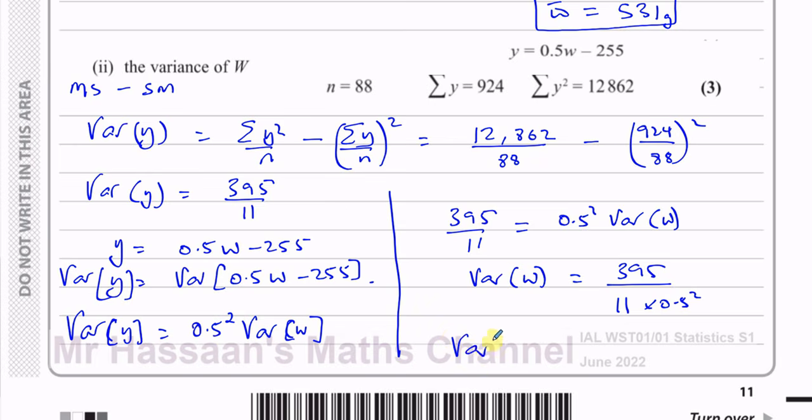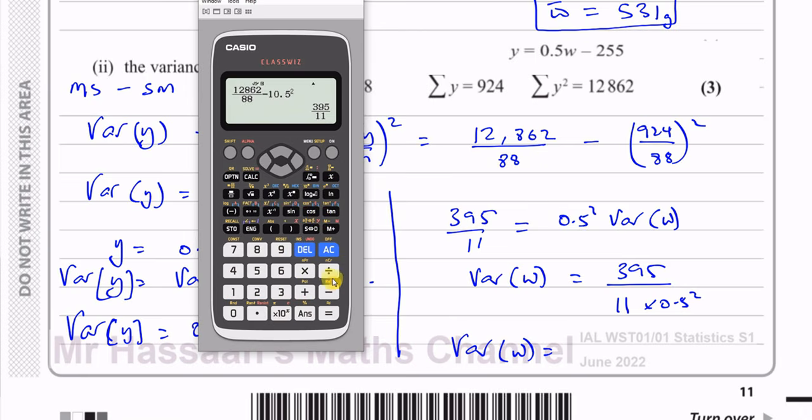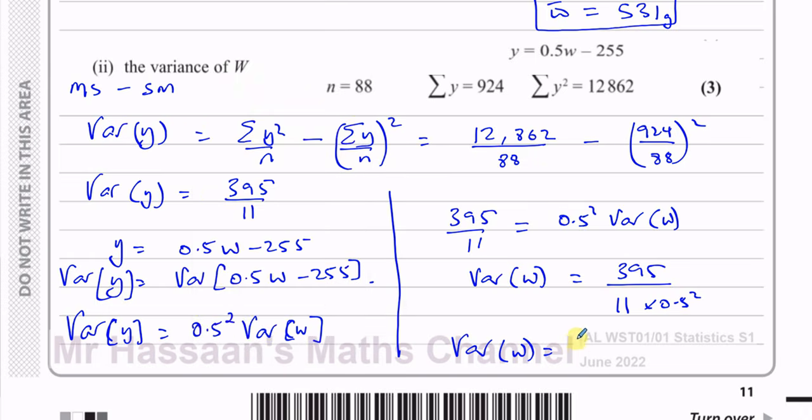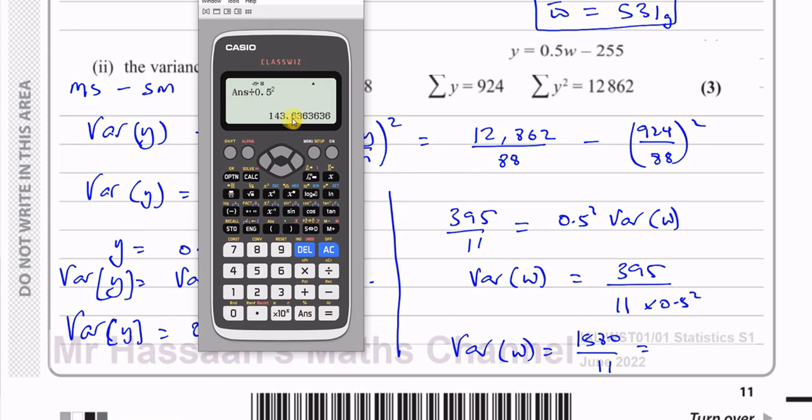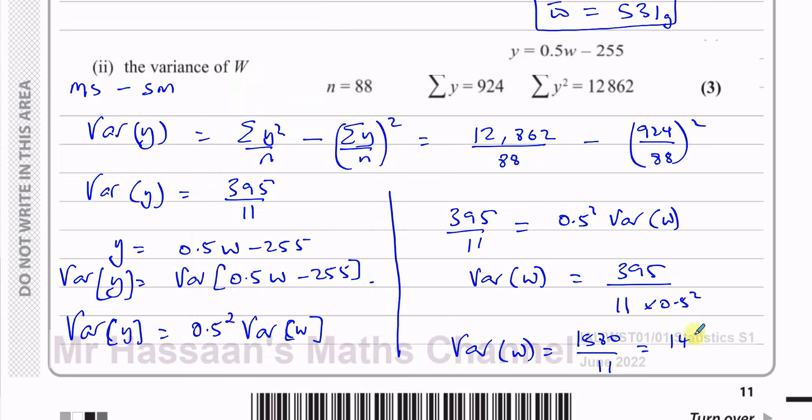So we can then write down the variance of w is equal to this value divided by 0.5 squared, and that gives us 1,580 over 11, which we can round to 3 significant figures, which gives you 144 to 3SF.